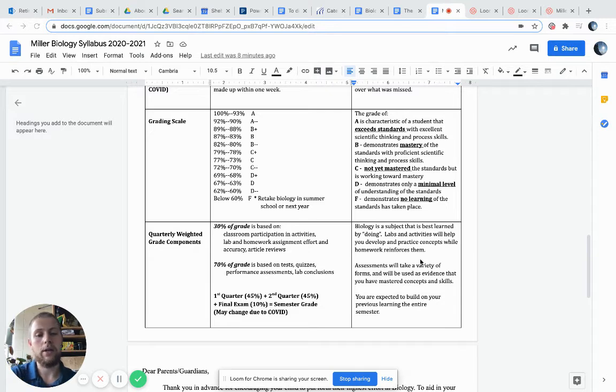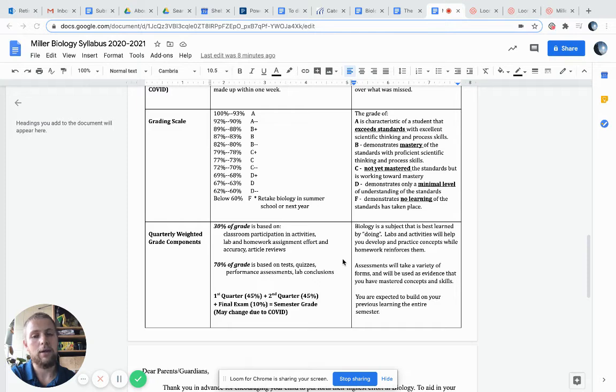All right, now regarding how your grade is weighted. Out of your total 100% of your grade, 30% is going to be based on activities. Activities are described as lab and homework assignment effort and accuracy, article reviews, so the actual participation during the lab, daily homework assignments, smaller things, 30%.